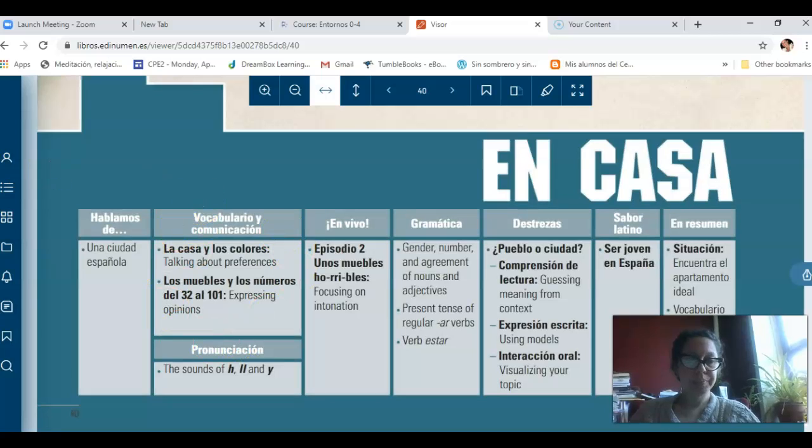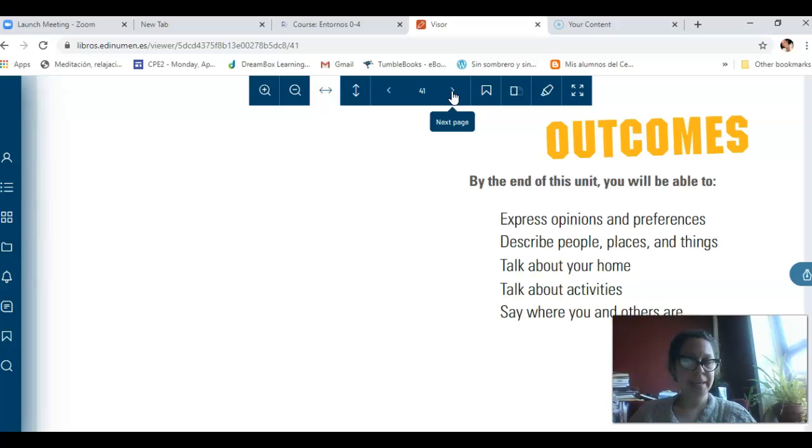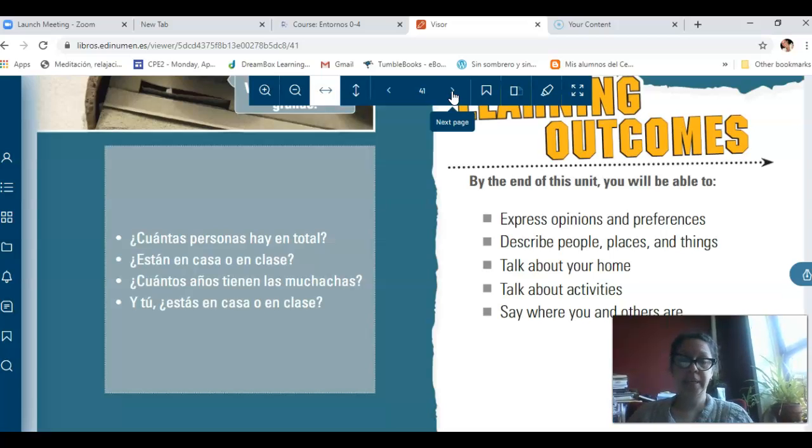Entonces, vamos a ver qué vamos a aprender en esta sección, ¿verdad? En este capítulo, esta semana. Esta semana, this week, ¿verdad? ¿Qué vamos a aprender? How to express opinions and preferences, ¿ok? Las opiniones y las preferencias.